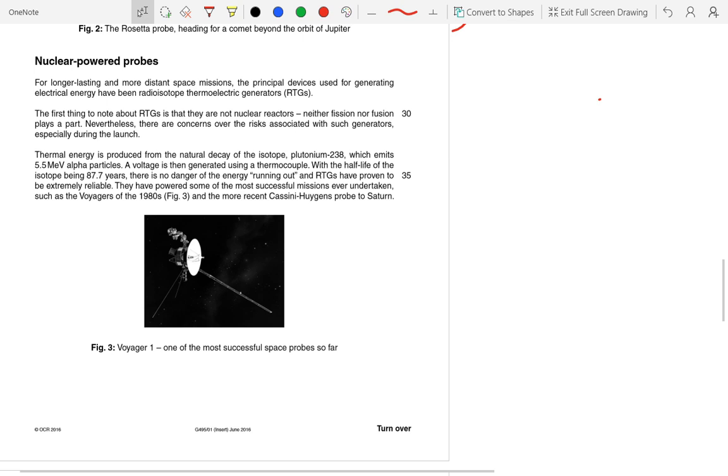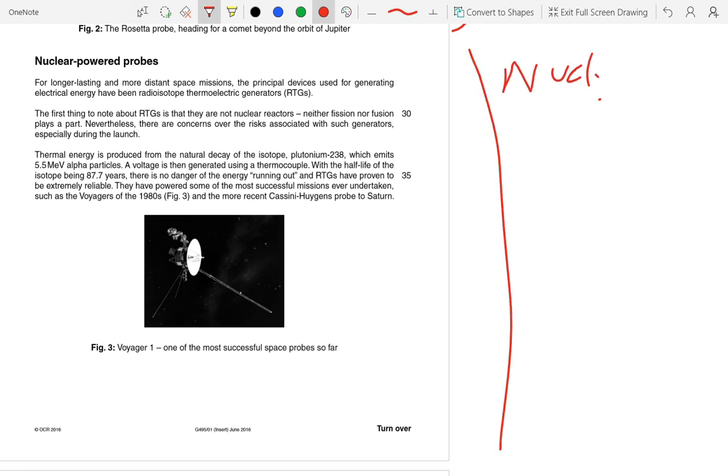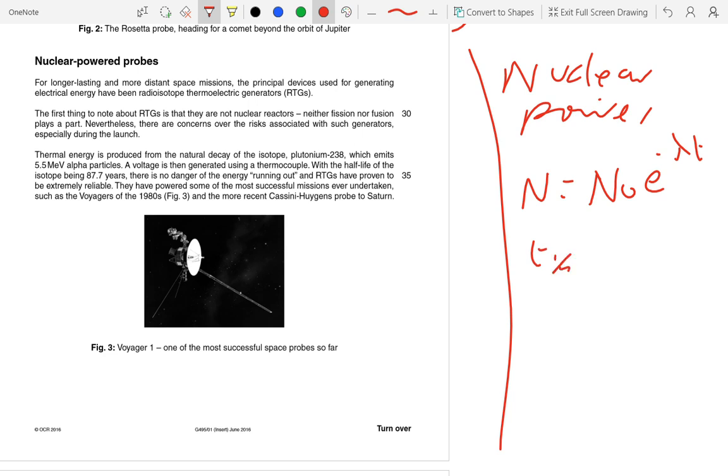And this one's to do with nuclear power. So we've got N equals N naught e to the minus lambda t. So we want to be able to relate t half to ln 2 over lambda.